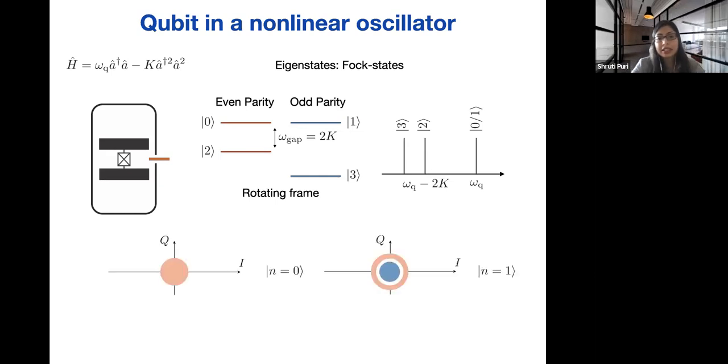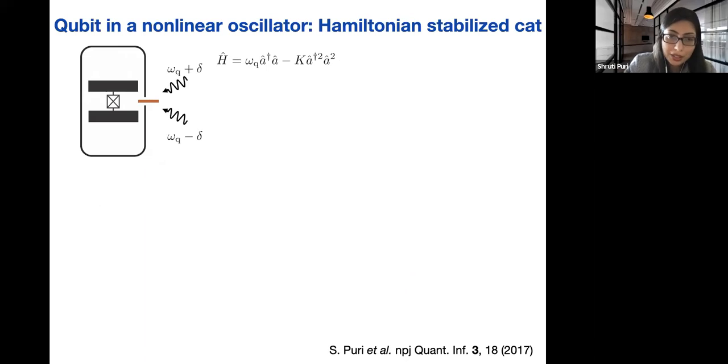Okay, so these are the Wigner functions of the Fock state 0 and 1. This is Fock state 0, and this is the Wigner function of Fock state 1. This is exactly the transmon states that we use for quantum computing, that IBM uses, Google uses, that everybody uses. Now what I'm going to do is apply 2 drives to this system, which are equally red and blue detuned from the center frequency.